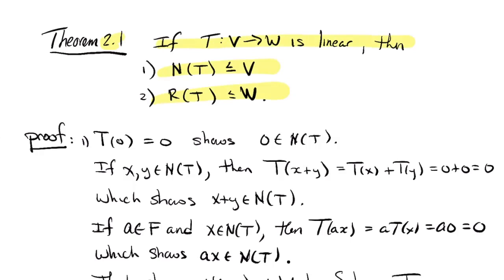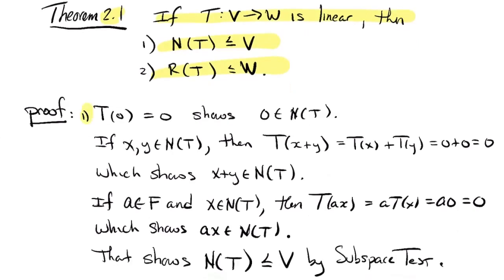All right. To prove that, I'm going to use the subspace test. Let's prove the first item. So I'm looking at the subspace test. I've got to show that 0 is in there. Well, T of 0 equaling 0 shows that 0 is in the null space. And you might ask, well, why does T of 0 equal 0?